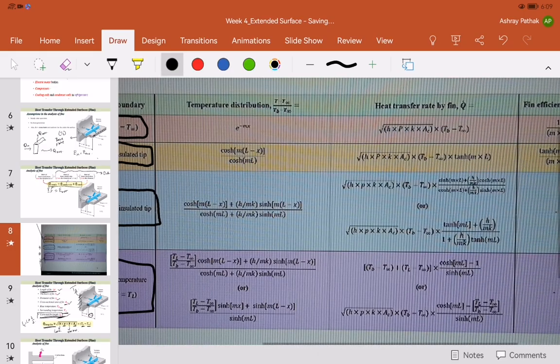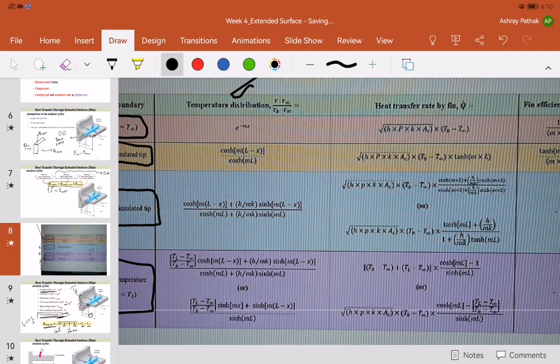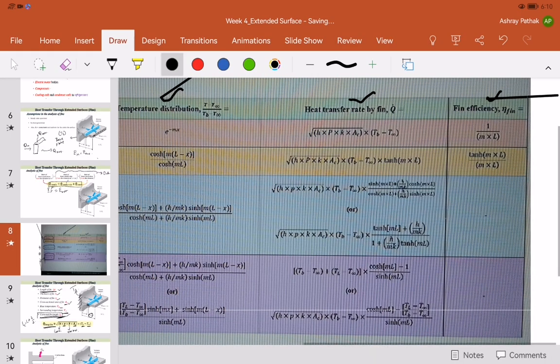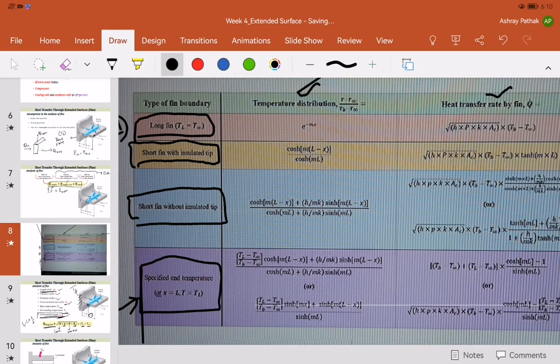All in all, we are concerned about temperature distribution, heat transfer rate, and the efficiency of the fin. These are the set of formulae that we are going to follow when solving the problem. But the question here is, which formula should we use while solving the problems? Or which case should we consider while solving the problem?